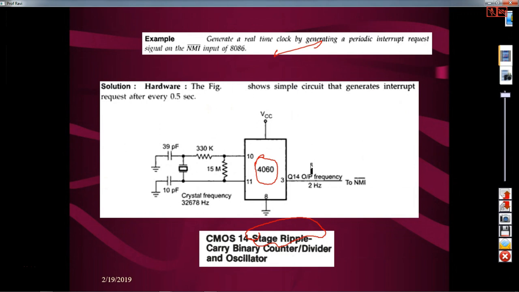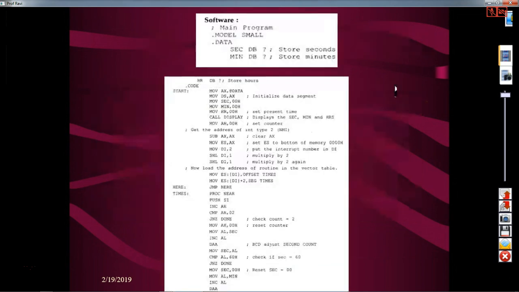It is generating a real-time clock periodically. That means whenever there is a clock, that periodic interrupt you will give to the NMI of your 8086.